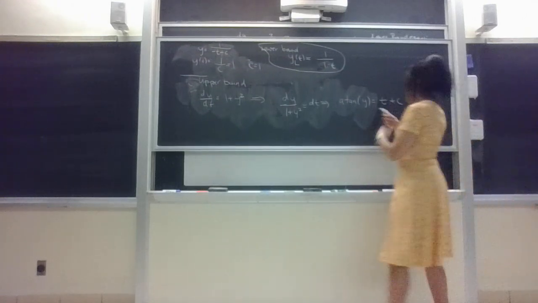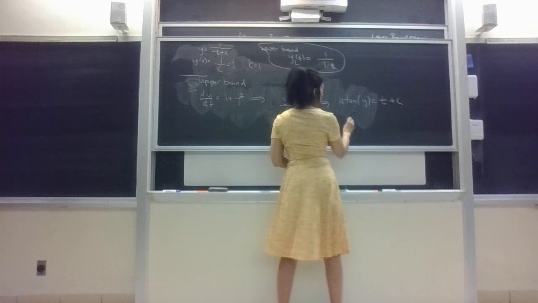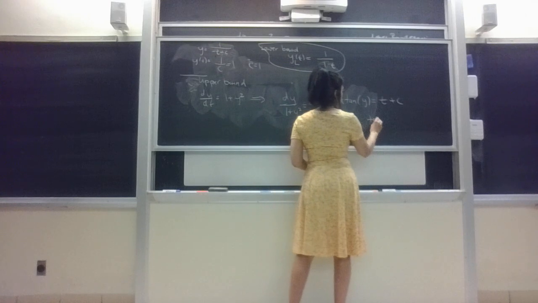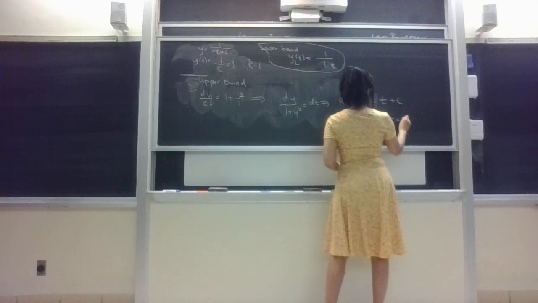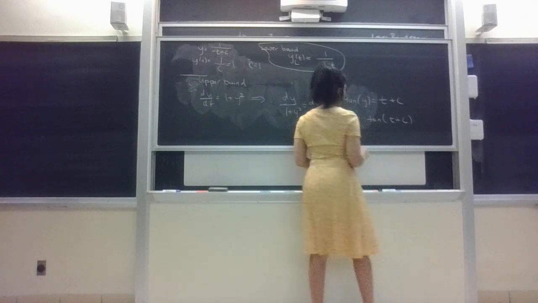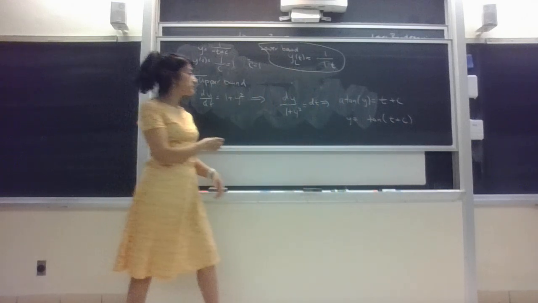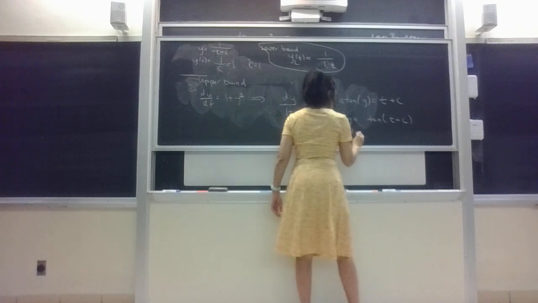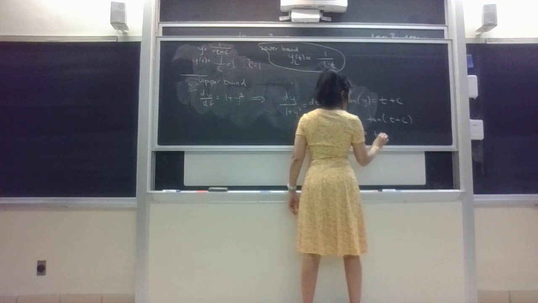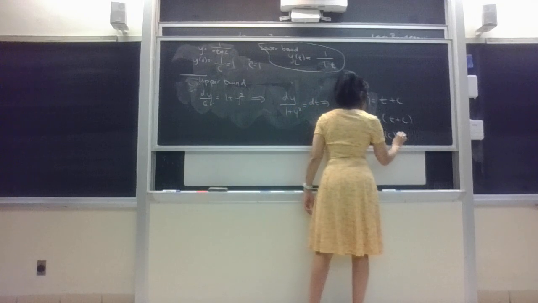Okay, so then I need to have the y, so the y is equal to tangent of t plus c. And then y at 0 is equal to tangent of c, which is equal to 1.